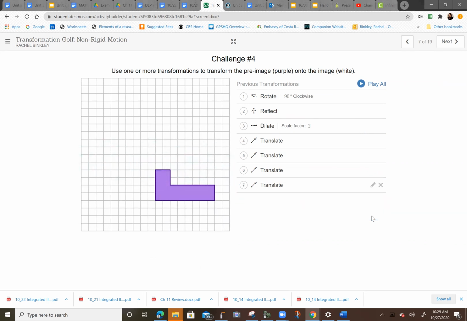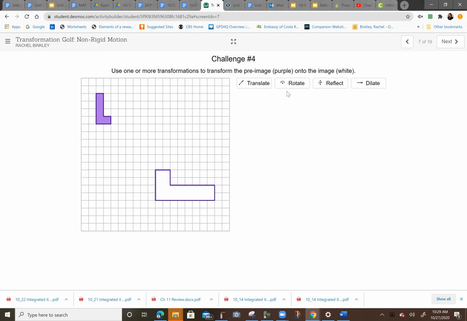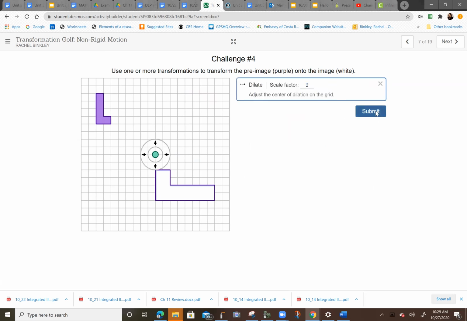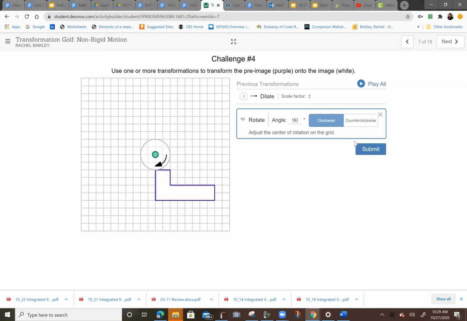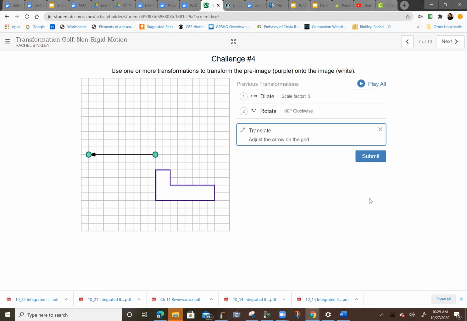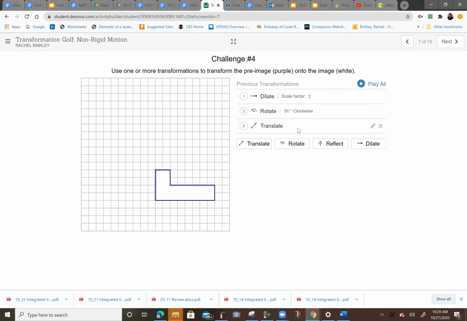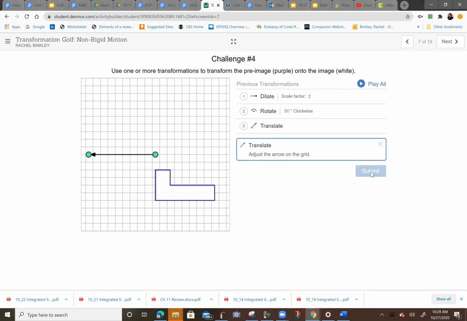Boom. Now it might have been easier had I gone back and instead of rotating it first, I'm going to dilate it first. I want to make it bigger first. Then I want to rotate it clockwise. It's there somewhere.